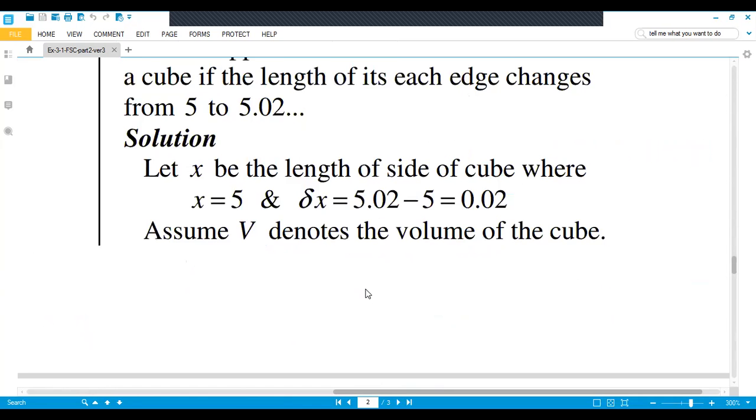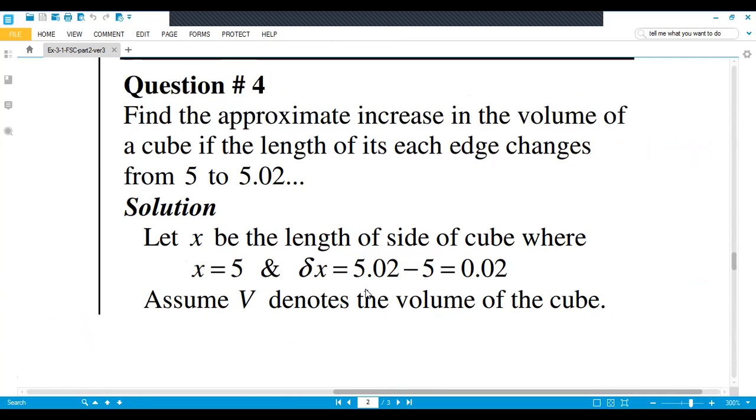Again, I'm going to explain. Find the approximate increase in the volume of a cube if the length of each edge changes from 5 to 5.02. It means the length of the side is 5 and the change is 0.02.